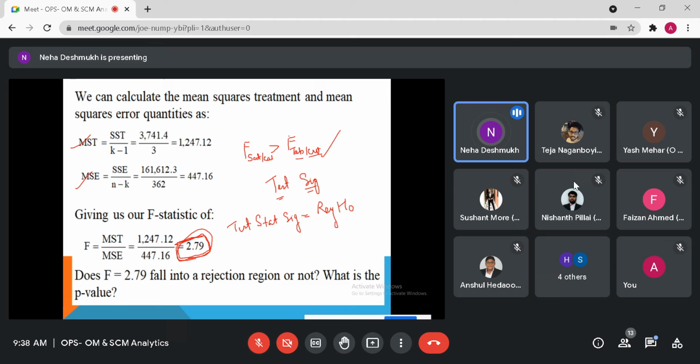When we reject the null hypothesis, this is the first interpretation about the F test. Okay, are you with me?